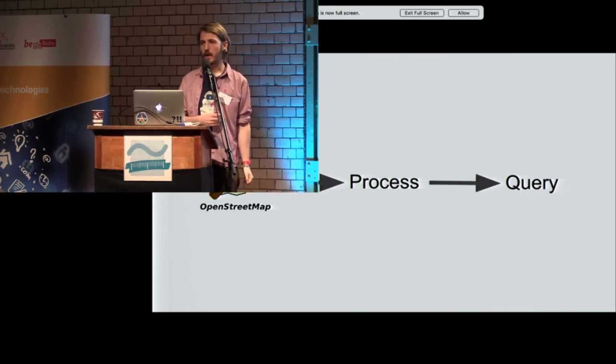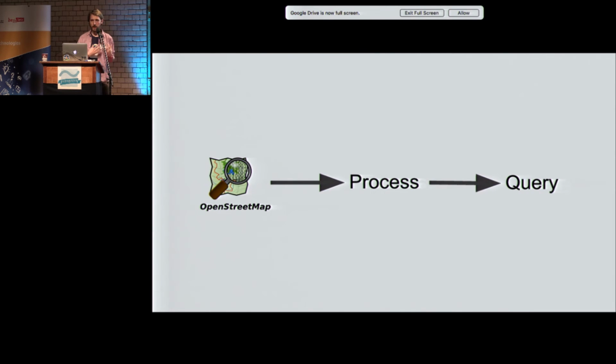And in OSRM we basically have 3 steps. The first thing is you have to procure your map data. OSRM is based on the schema that OpenStreetMap gives you, so ingesting OpenStreetMap is the easy thing. If you have other map data, you can transform it to the OSRM schema. We then have to process, so it's not possible to just use the OSM data right away.